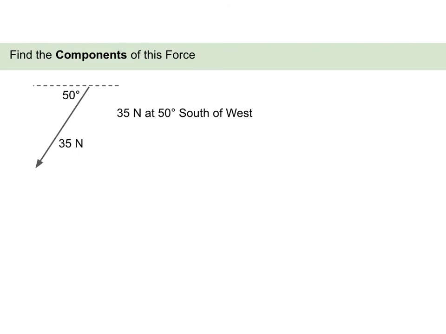The other skill we need with these sorts of situations where you have forces at an angle is how to take a force at an angle and break it apart into the components, or the parts. Components is just a fancy word for parts. How to break that diagonal force into the components that are up, down, left, or right, or south, west, east, or north?